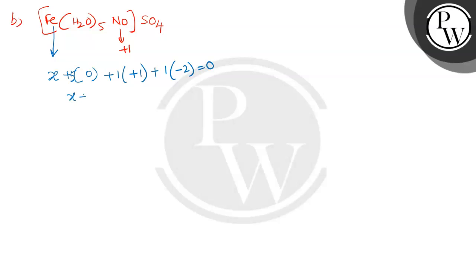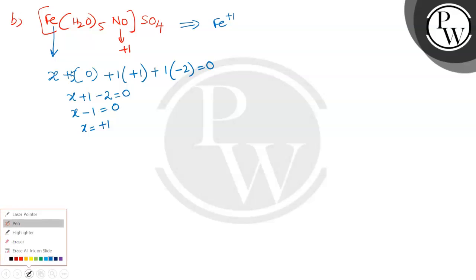X plus 1 minus 2 is equal to 0. X minus 1 is equal to 0. X is equal to +1. So here iron is in +1 oxidation state. You know that iron atomic number, that is Z is equal to 26.